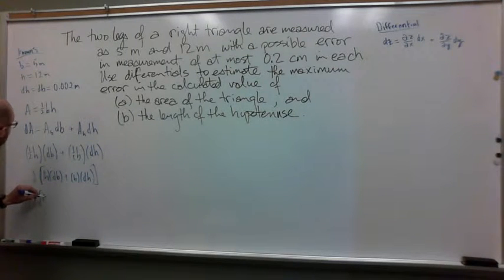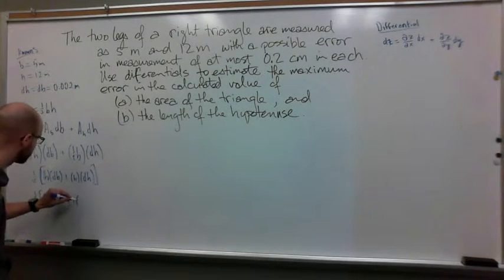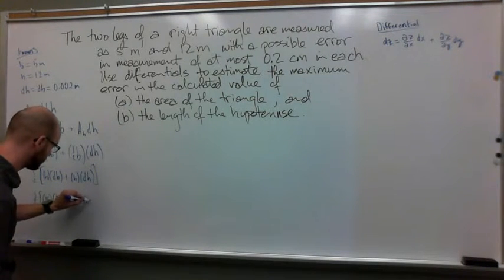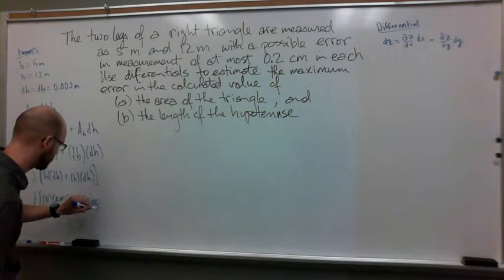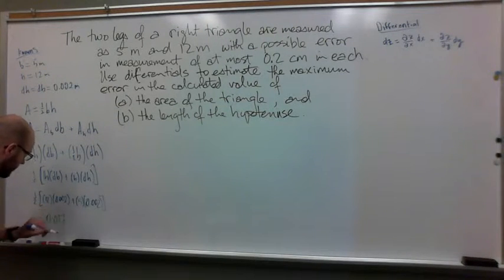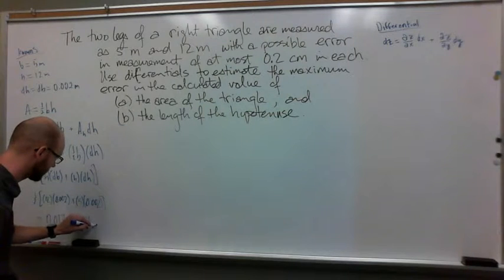The height is 12 meters times the change in the base, which is 0.002, plus base, which is 5 meters, times, again, the same change, 0.002, and that will equal 0.017 cubic meters, or if we want to convert it to centimeters, it'll be 1.7 cubic meters.